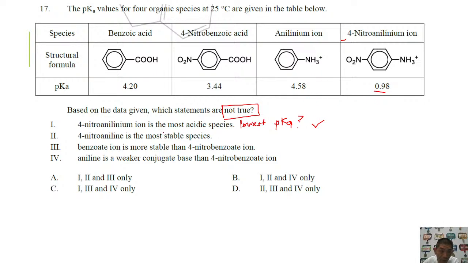And then number 2, 4-nitroaniline is the most stable species. That means after you donate the proton, the 4-nitroanilinium ion is no longer an ion, it's NH2, so this is 4-nitroaniline.